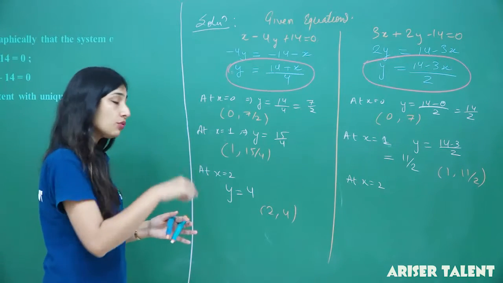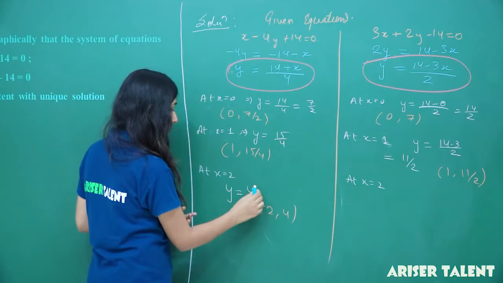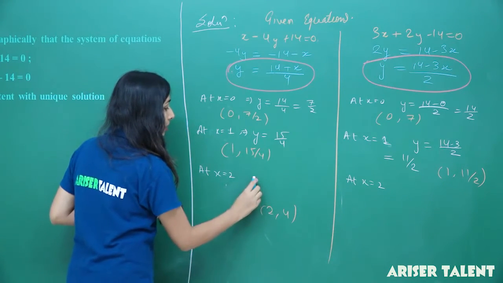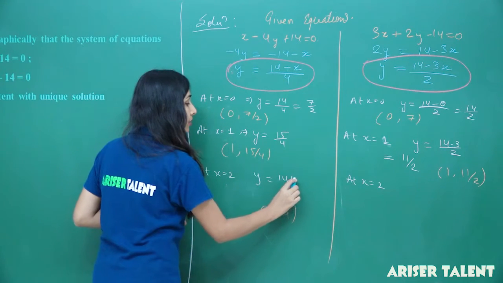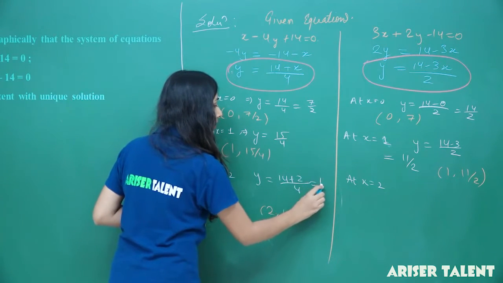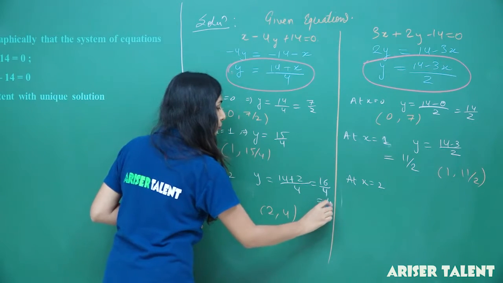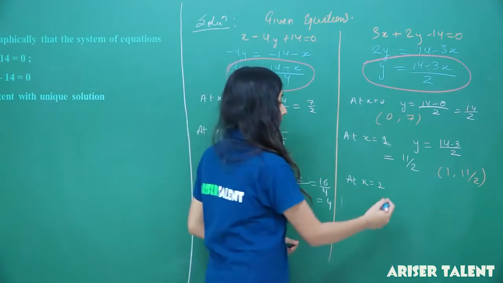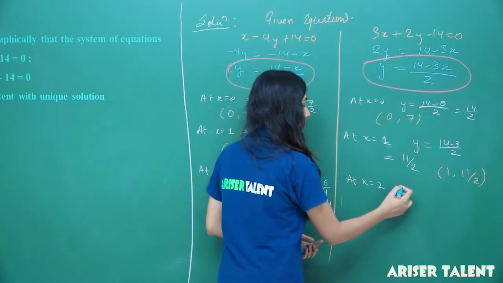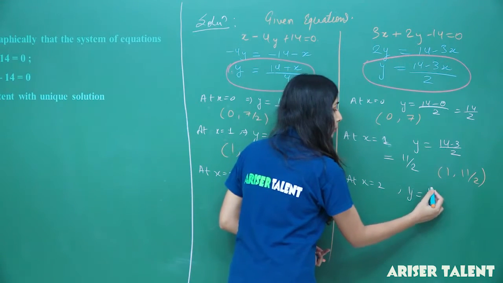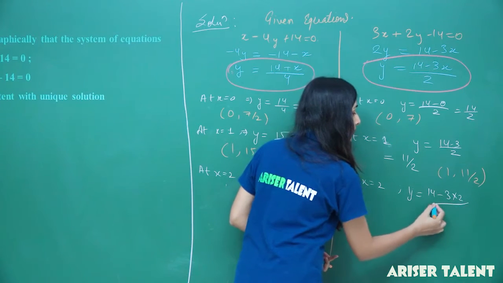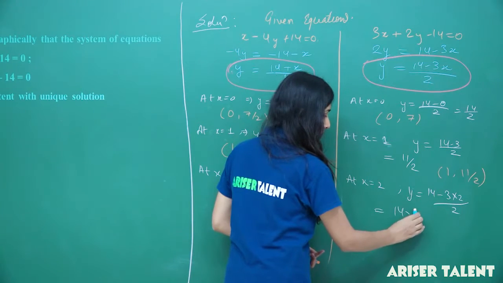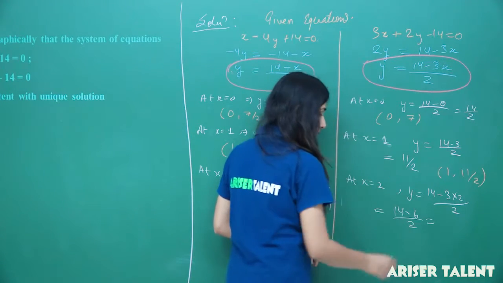Now at x equals to 2, I can just write it there also in full form, that y equals to 14 plus 2 by 4, that is 16 by 4 equals to 4. So 2 and 4. Now for x equals to 2, I will be having y equals to 14 minus 3 multiplied by 2 by 2, which is 14, 6 by 2, right?